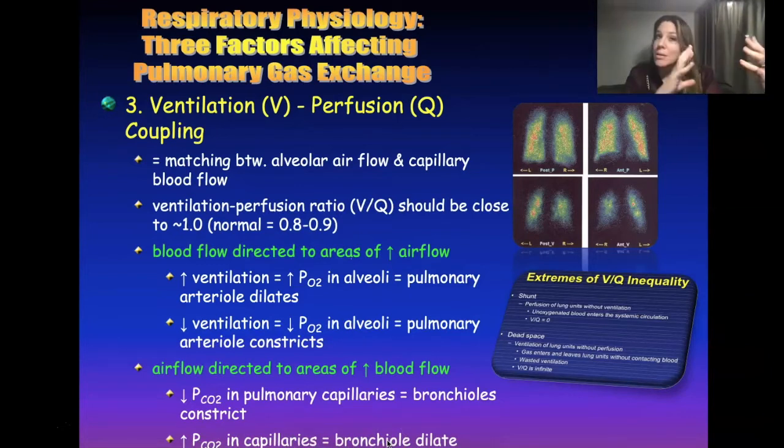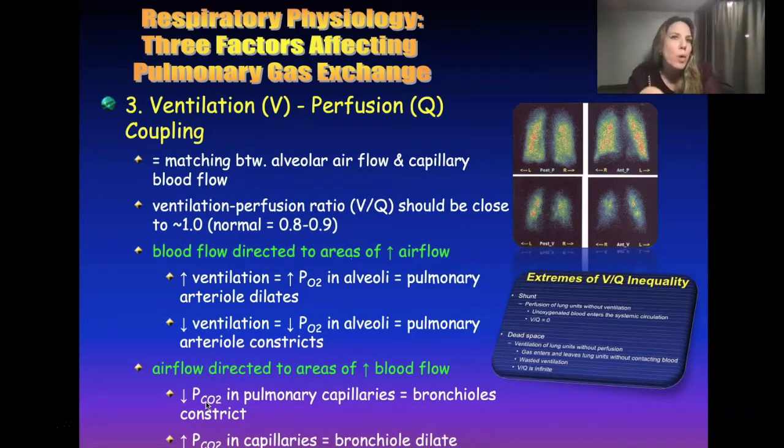In other words, there's a lot of carbon dioxide in the capillaries. Let's dilate and get that carbon dioxide into the lungs. Likewise, if the pressure of carbon dioxide in the pulmonary capillaries is low, because there's not as much carbon dioxide, well, now those bronchioles are going to constrict, which is going to limit the efficiency of gas exchange of carbon dioxide. So it's going to block a lot of that carbon dioxide from getting in.